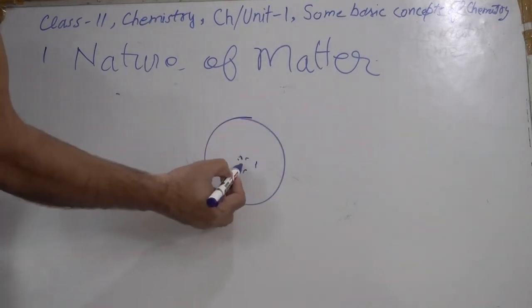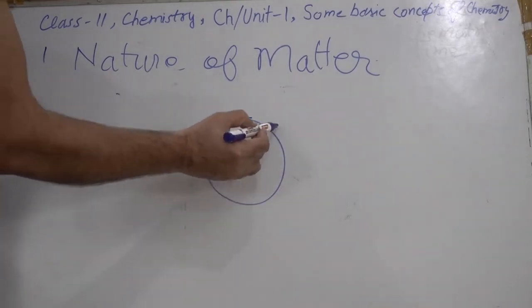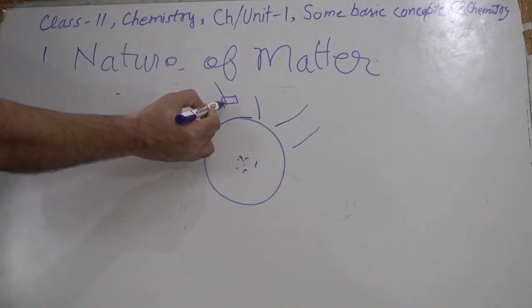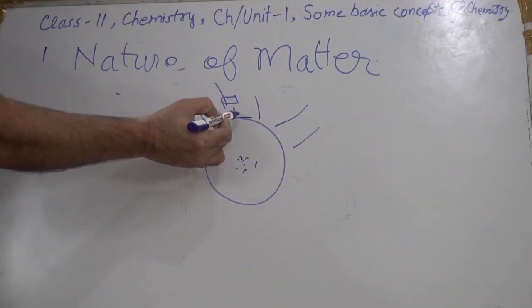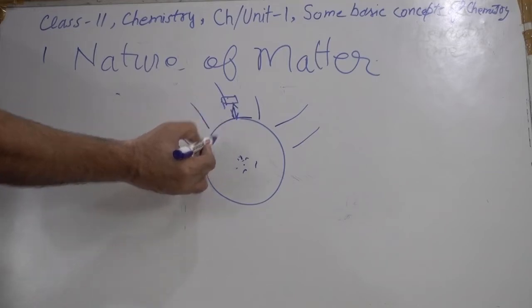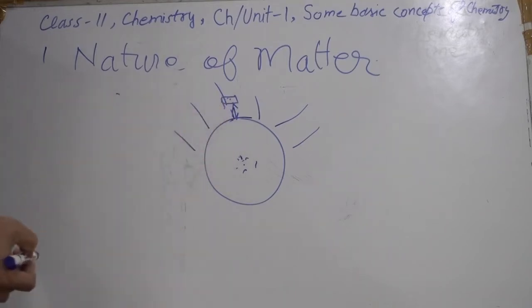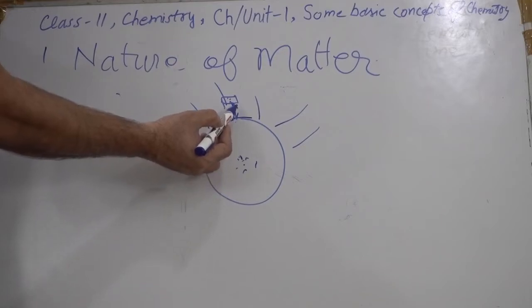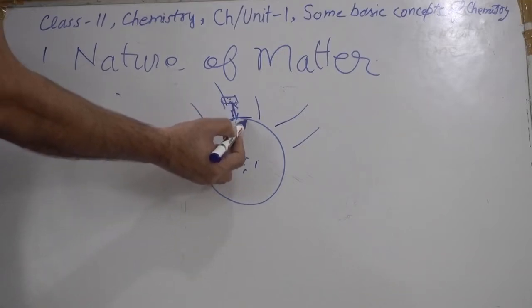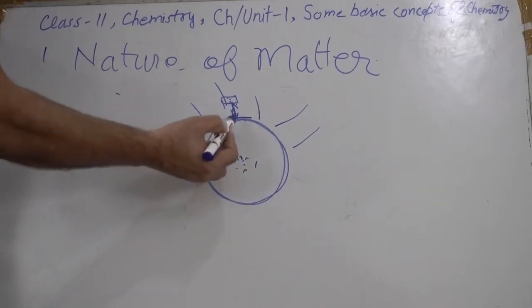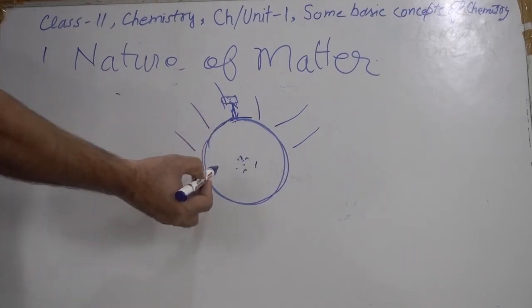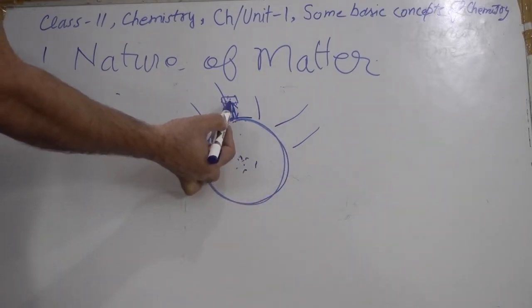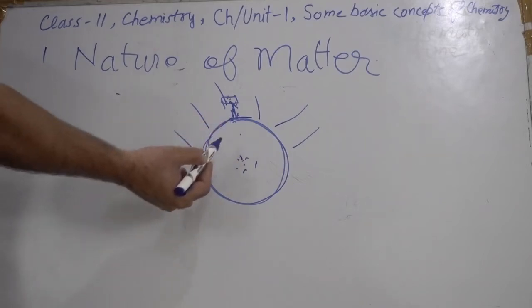A force of attraction exists between the Earth and the duster. That is why the duster moves towards the Earth. Earth also moves towards the duster, but its mass as compared to the duster is infinitely large. That's why its movement towards the duster is almost zero.